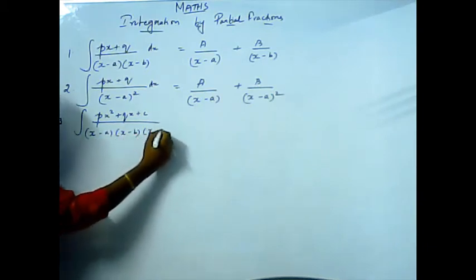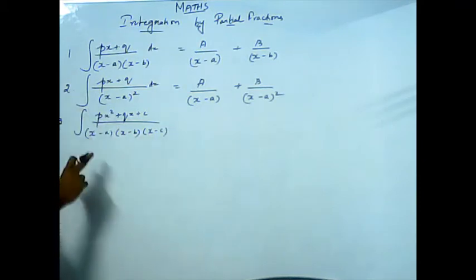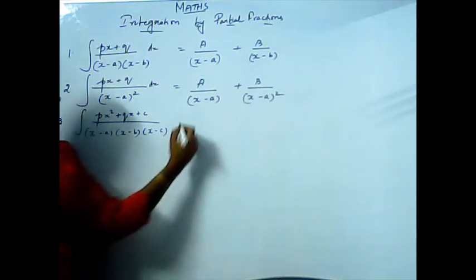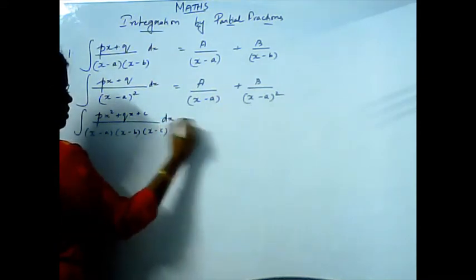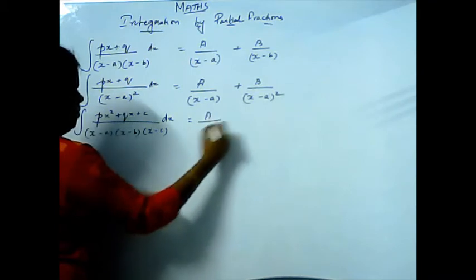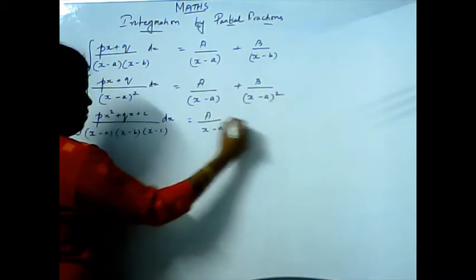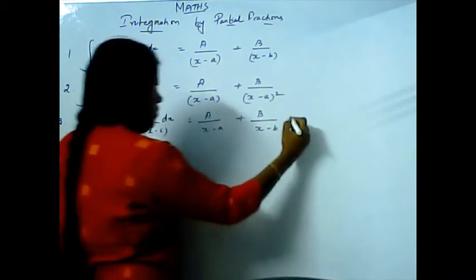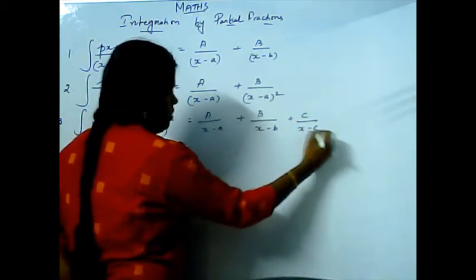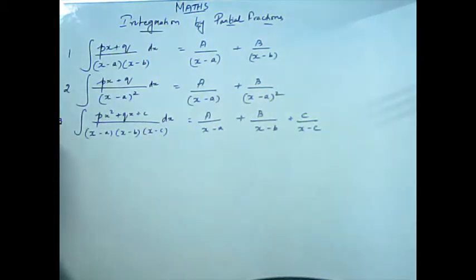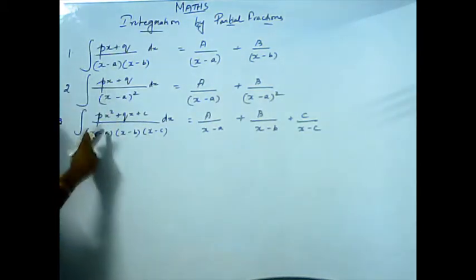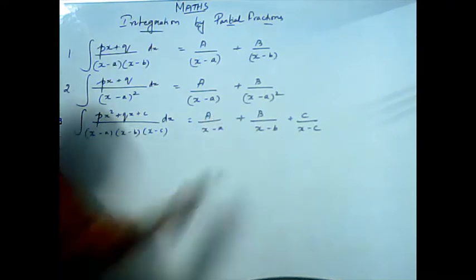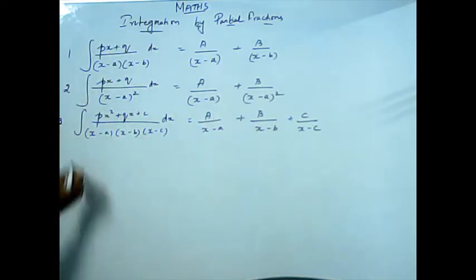When you have 3 factors, as in a cubic equation, you can just rewrite this as A/(x - a) + B/(x - b) + C/(x - c). This is the third form. You have to split it in the form of partial fractions as A/(x - a) + B/(x - b) + C/(x - c).